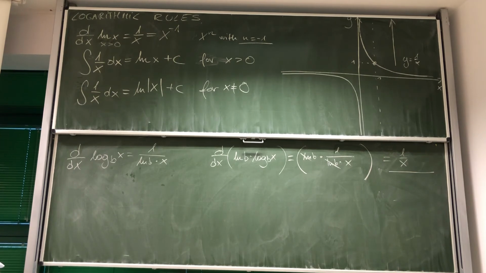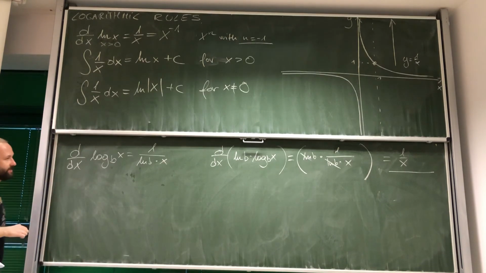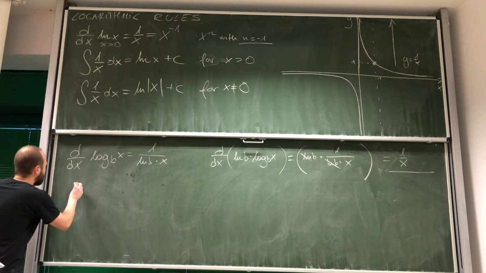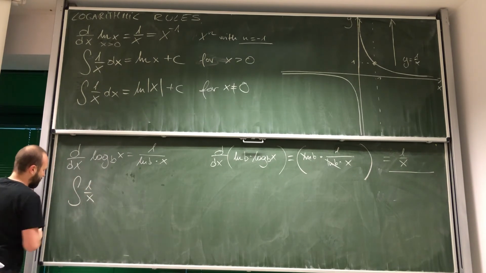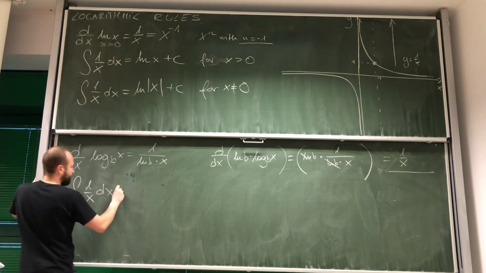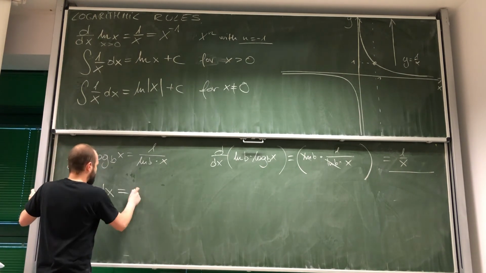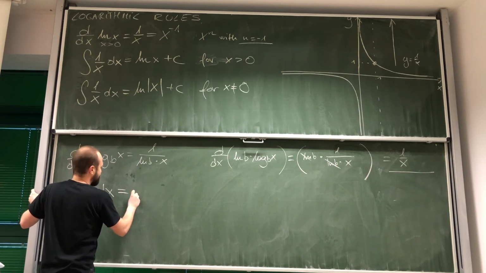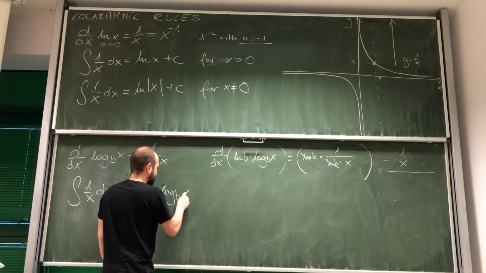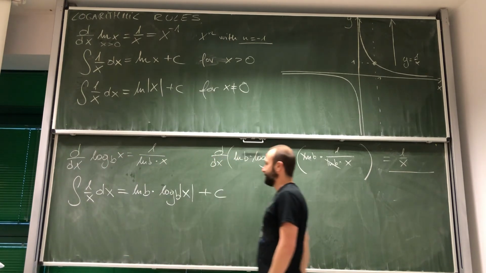Okay, so look, the situation we got can be generalized. So if I have the integral of 1 over x dx, this is equal to ln b times the logarithm base b of the absolute value of x, plus c.